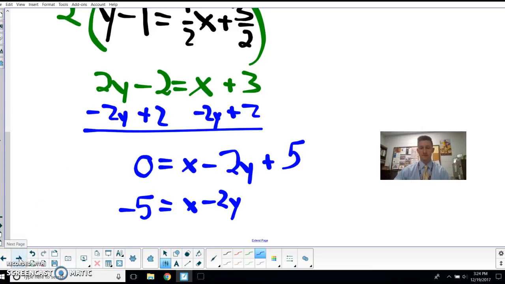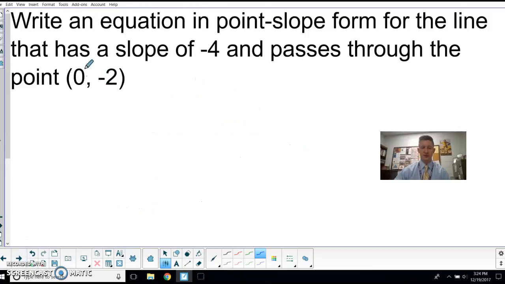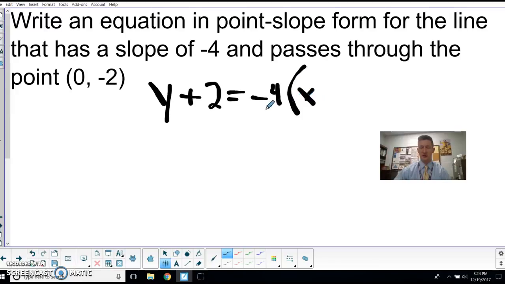So, I've got one more example for you, just to show you something else. So again, let's go point-slope form. y minus negative 2 means it's going to be y plus 2. I hope you caught that. Is equal to m, the slope, that's negative 4, times x minus the x value. Notice the x value here is 0. So x minus 0, I probably don't need to put that, but I will just to show you that it's holding its place.